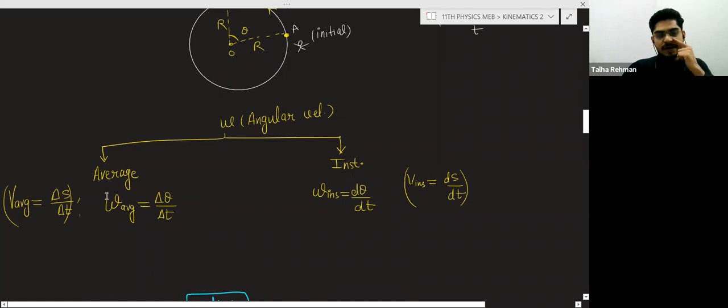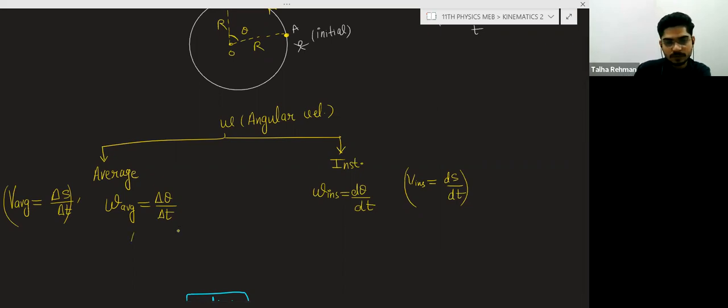So average angular velocity is equal to delta theta, total angular displacement, divided by total time. Delta theta is total angular displacement.